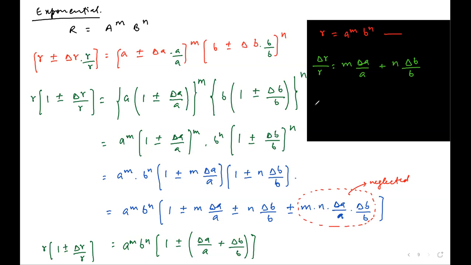And if you multiply it by 100, you will get percentage error, which is equal to m times delta a by a into 100 plus n times delta b by b into 100. Is it clear?